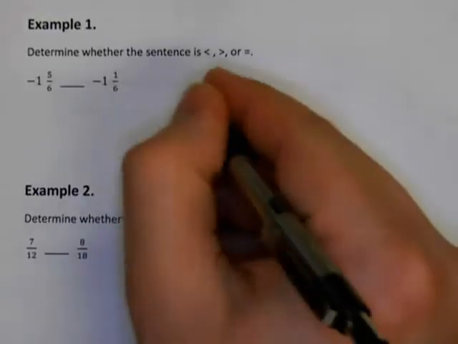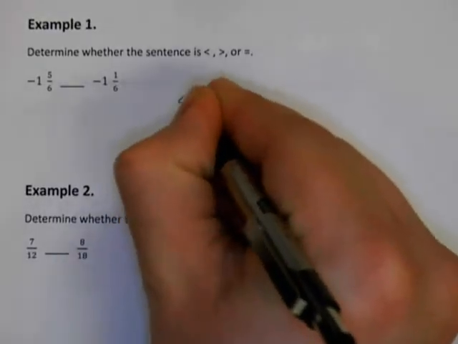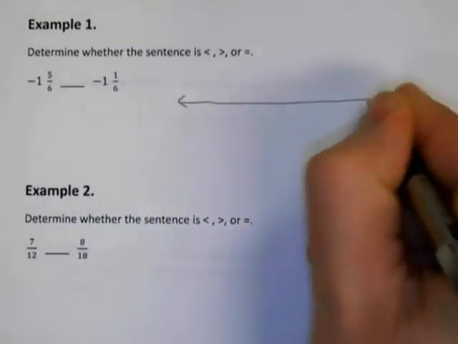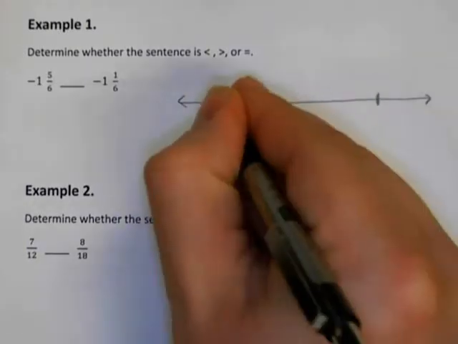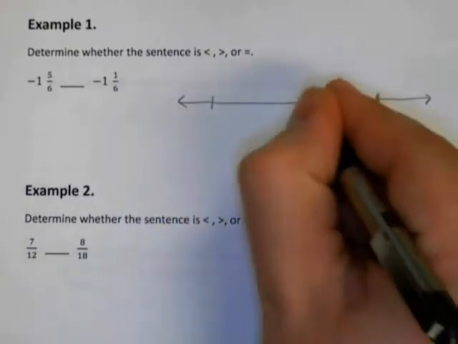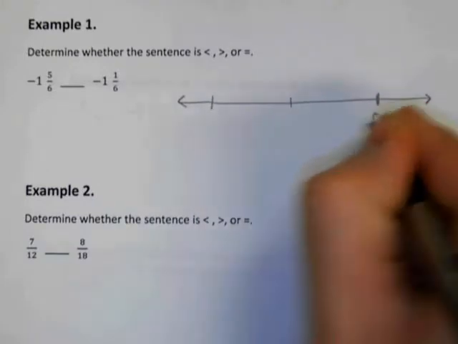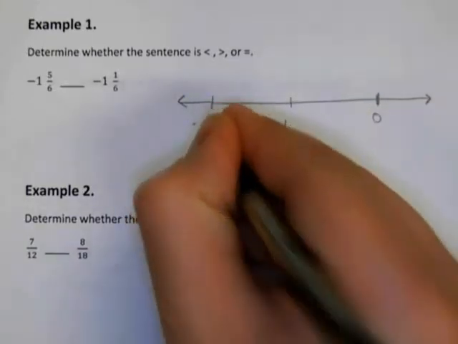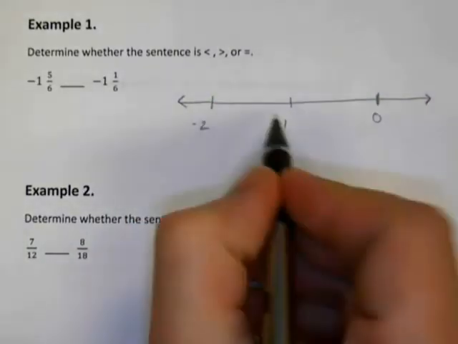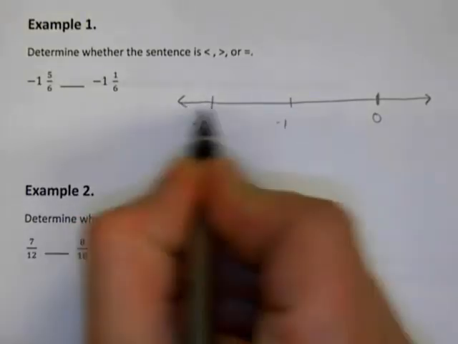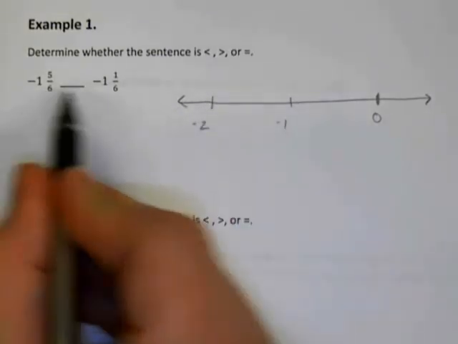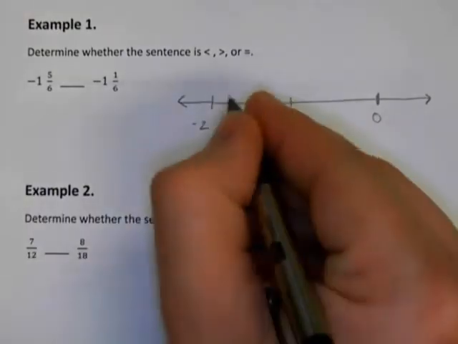So if you need to, why don't we make a number line? We know 0 is going to be over here, this is negative 1, and we'll put negative 2 over here. Let's look at in between negative 1 and negative 2, and we have 6 parts. That's our denominator, so we're going to cut it into 6 parts.